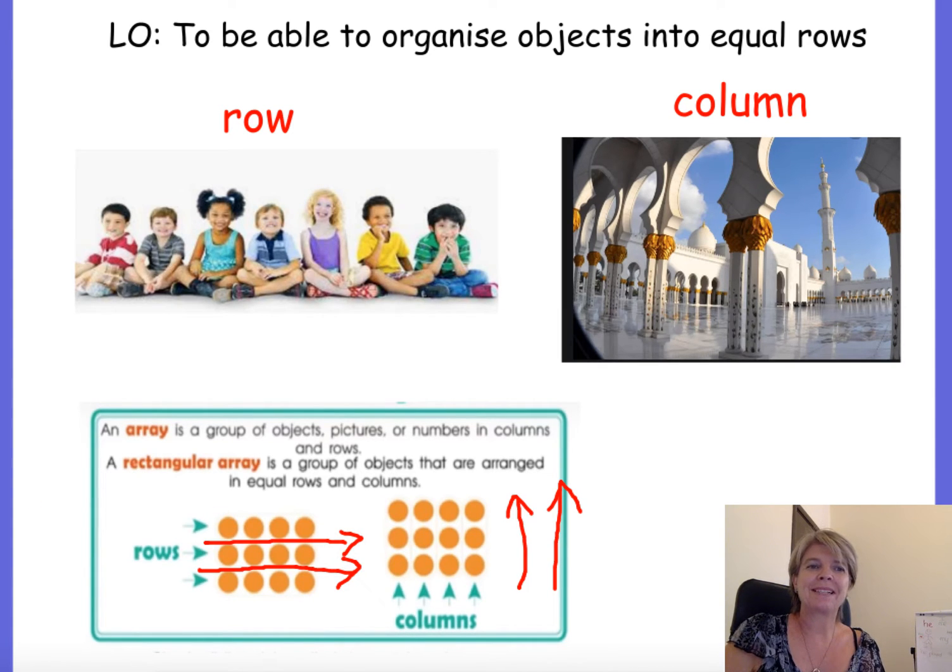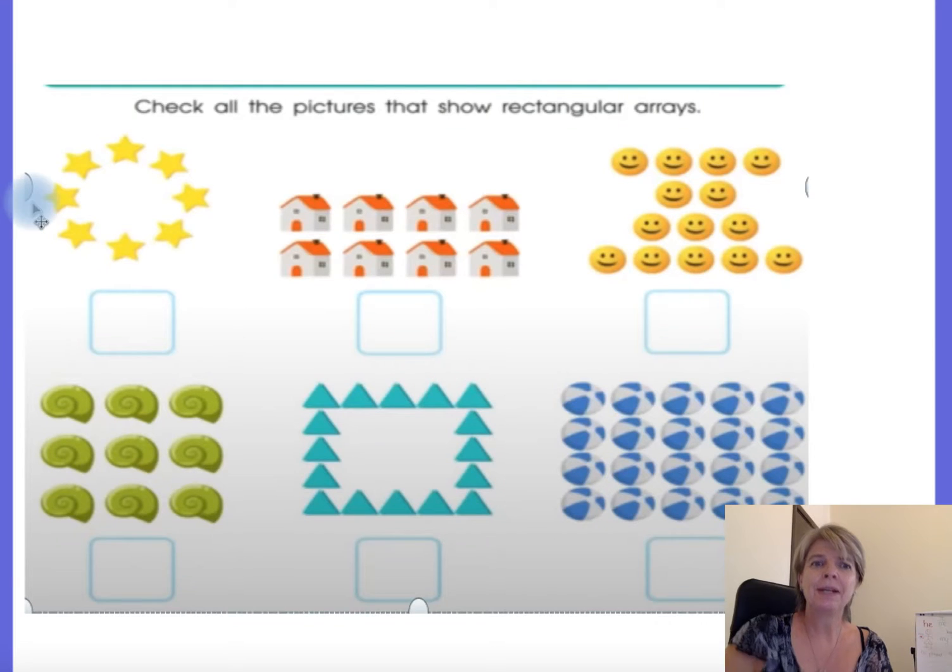Okay, let's get started. So today we're going to organise, that means to put things into equal rows. Do you remember what equal means? It means the same, doesn't it? Let's have a look. Which of these are in equal rows?